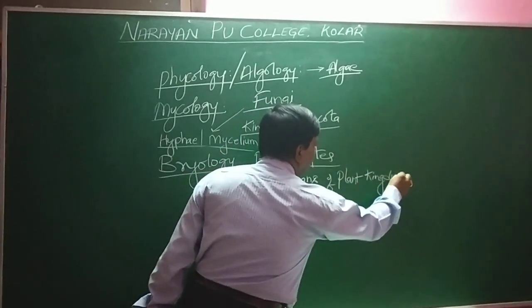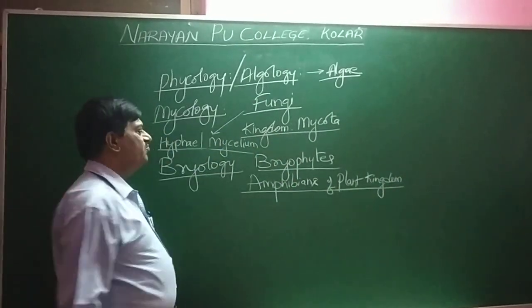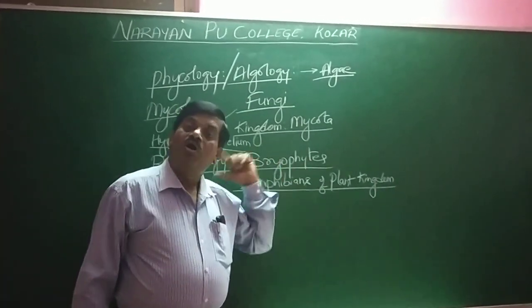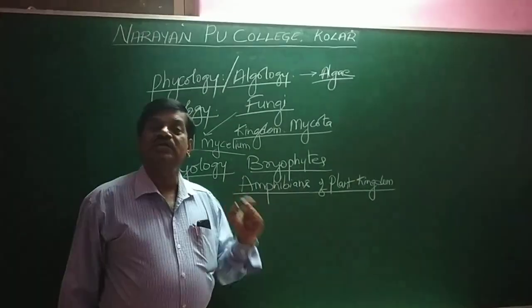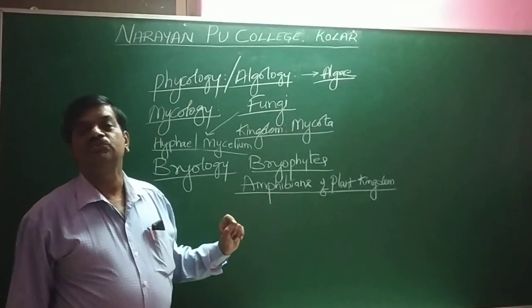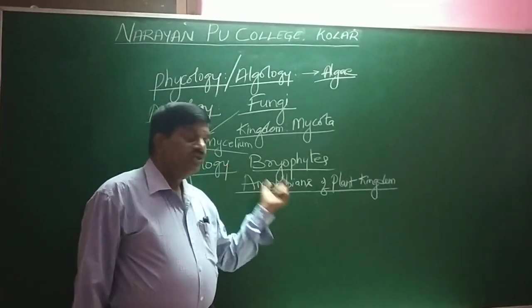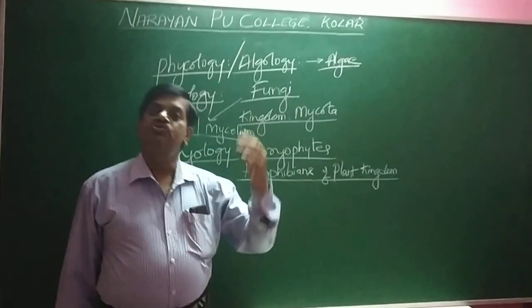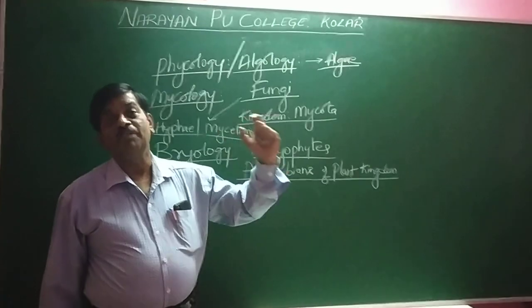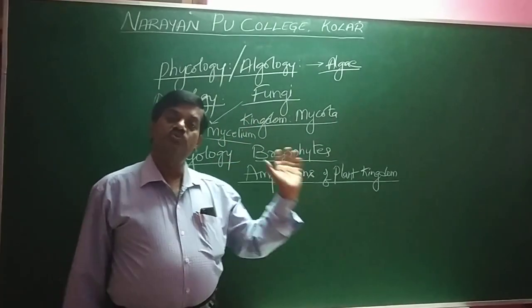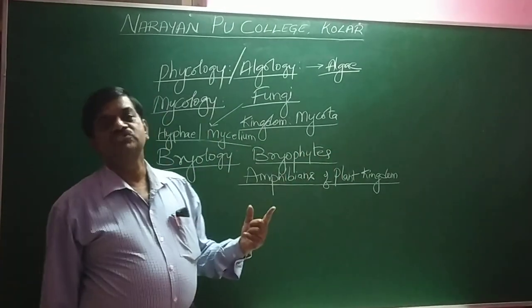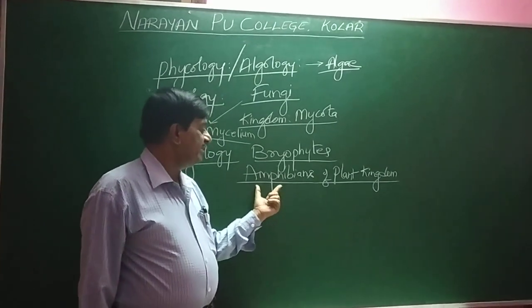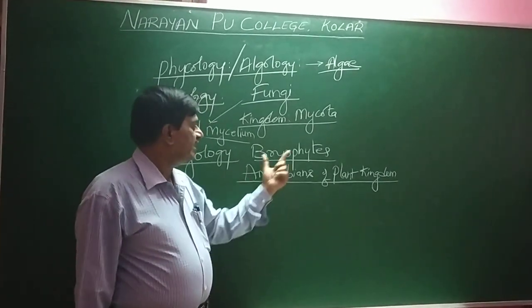Why we use the word amphibians is that all bryophytes require water for sexual activities. In the water the male gamete moves towards the female plant and fuses with the female gamete, hence they require water for sexual activities.